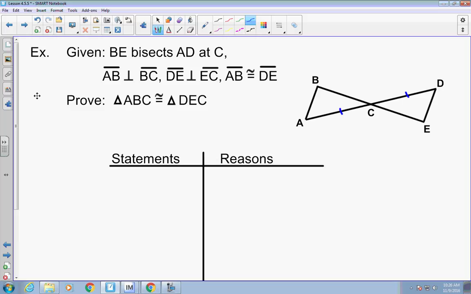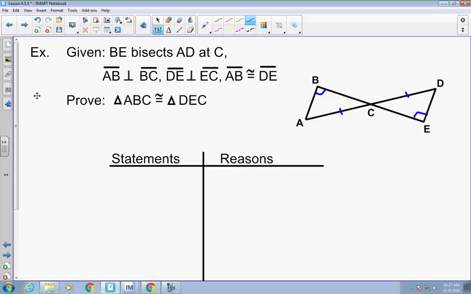Okay. Then it tells me that AB is perpendicular to BC and DE is perpendicular to EC. What happens when you have perpendicular lines? You get right angles, right? Now we're going to go a little bit different with this. Instead of stating that those right angles are congruent, I want to establish that those triangles are right triangles. Sometimes you want to state they're congruent, sometimes you want to state that they're right triangles.